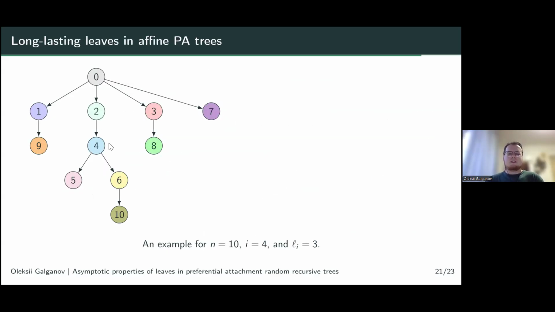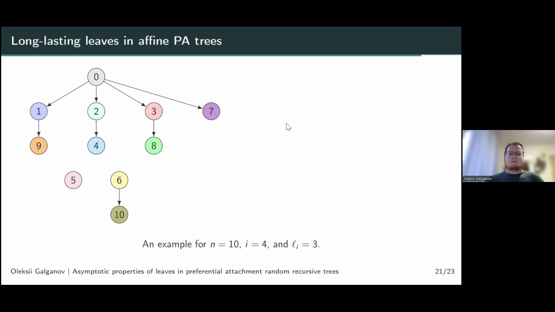So we have this random tree. Let's say here we have n equal to 10. Let's say we pick vertex 4, and li is equal to 3. So the vertices 5 and 6, we need to delete them because those are the vertices preventing vertex 4 from being long-lasting. For it to be long-lasting, it needs to remain alive at least until step 7. So we remove the connection between 4 and vertices 5 and 6.